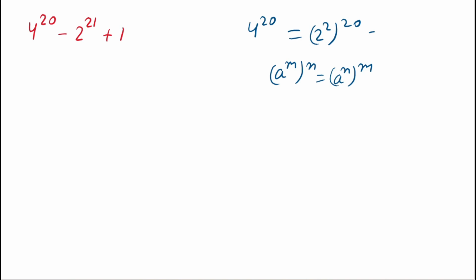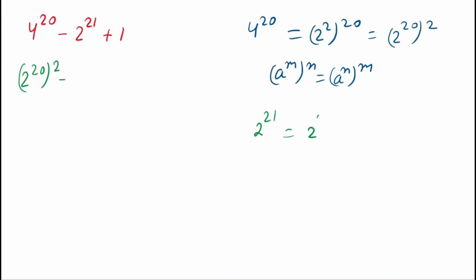If we apply this rule, then this is the same as (2^20)^2. So here 4^20 is the same as (2^20)^2 minus 2^21.